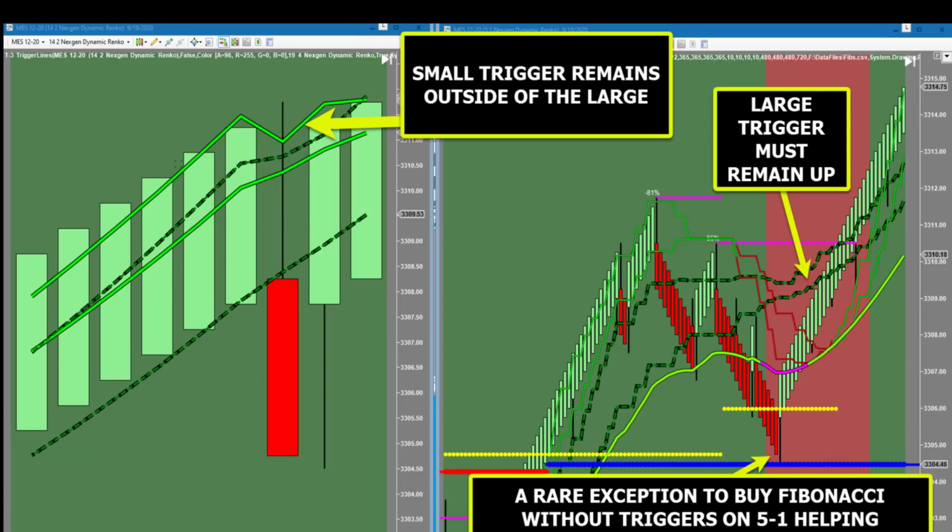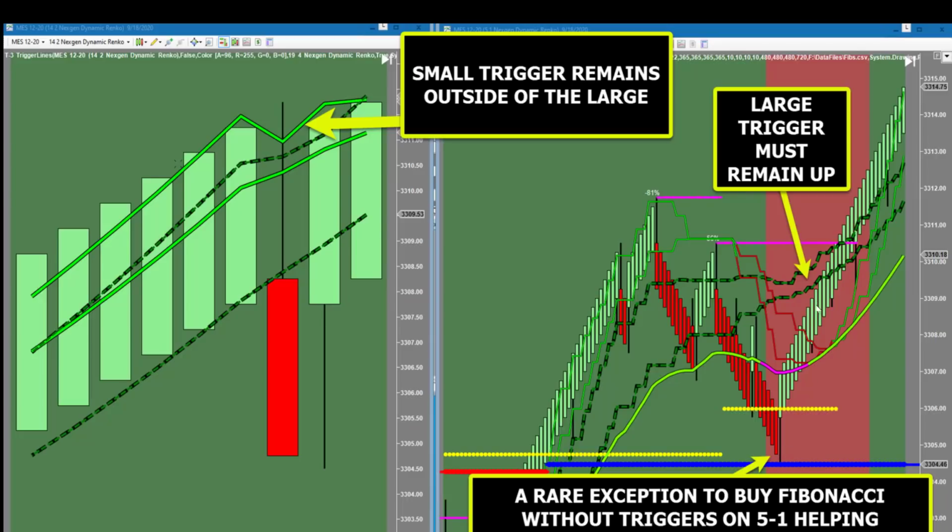Let's take a look at one more little kind of exception. Remember we said if one trigger remains outside of the large triggers, it's not weak, it's still going up. So you're going to see this situation happen sometimes, and you'll see it in some of our videos, where you'll get a couple of divergences and the trigger lines will cross over and the market's going to go down a little bit lower.